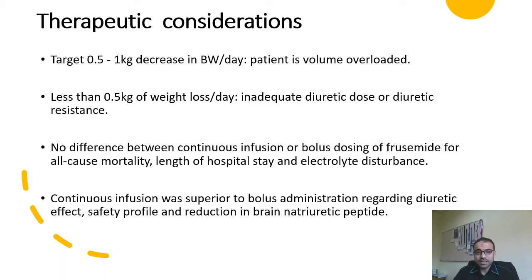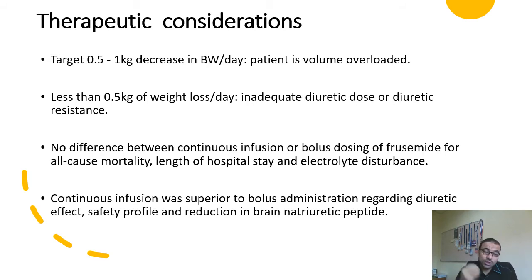In general, we can say there is no difference between continuous infusion or bolus dosing of furosemide with regard to mortality, length of hospital stay, and electrolyte disturbance; almost the same.